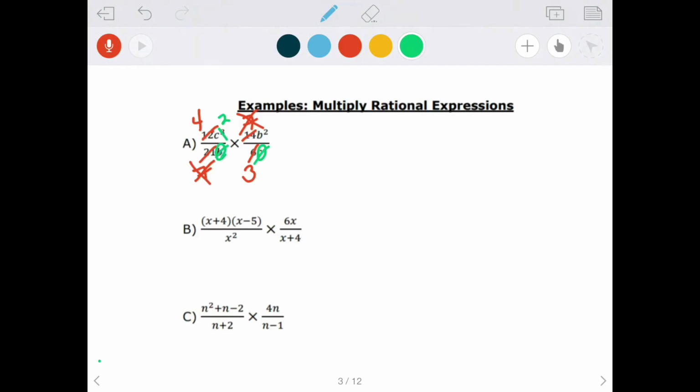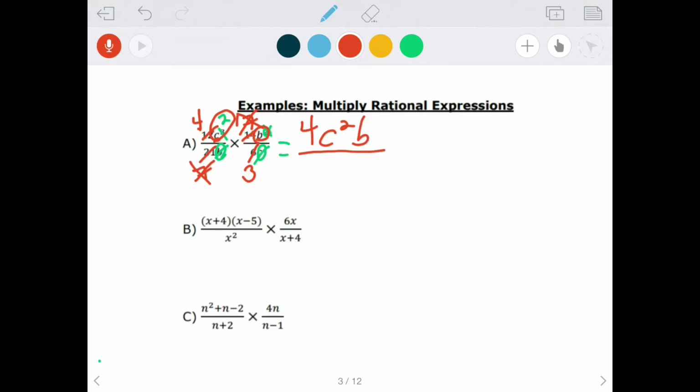Then I can cancel this B out with one of these B's, so B squared just becomes B. Once you multiply across, I have 4 times, and our 7 got canceled, so that's basically a 1. So 4 times 1 is 4. Then that leaves me with C squared and just a B to the 1, or B.